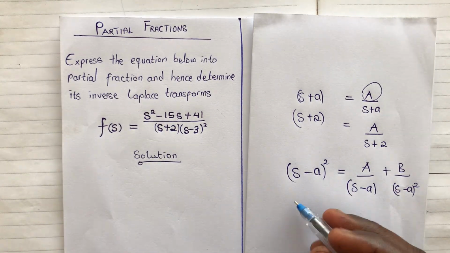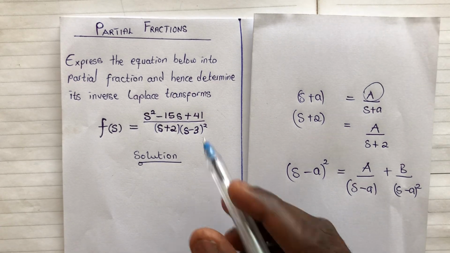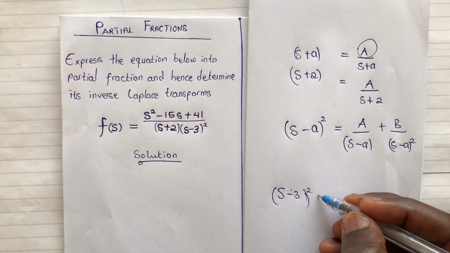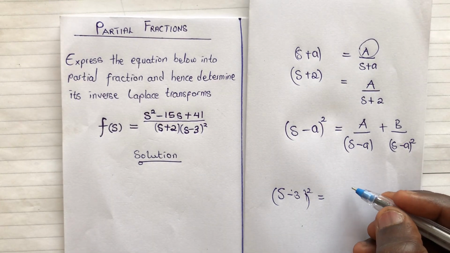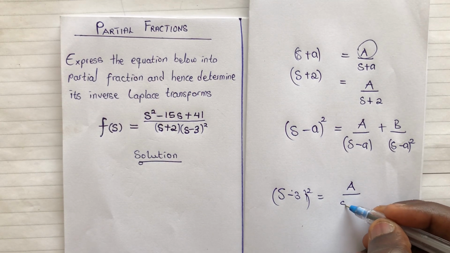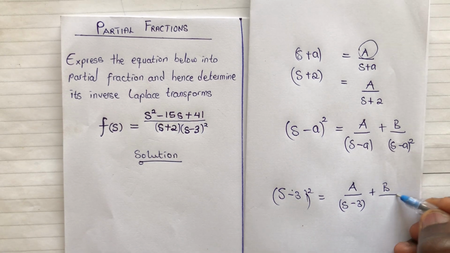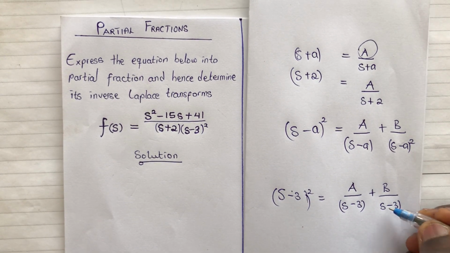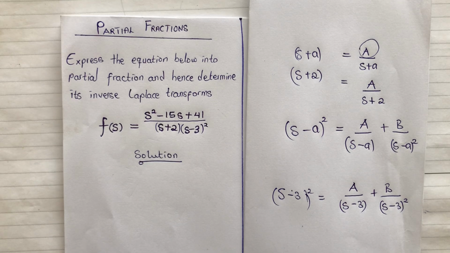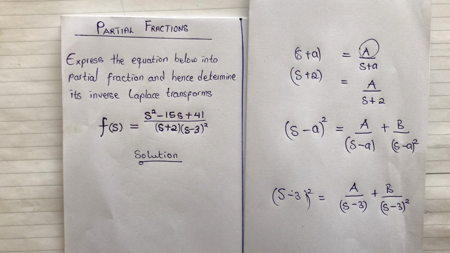So if I have s minus 3 all squared, like what we have here, then in partial fractions I'm going to have A over s minus 3, plus B over (s minus 3) squared. A and B are two constants that need to be determined.